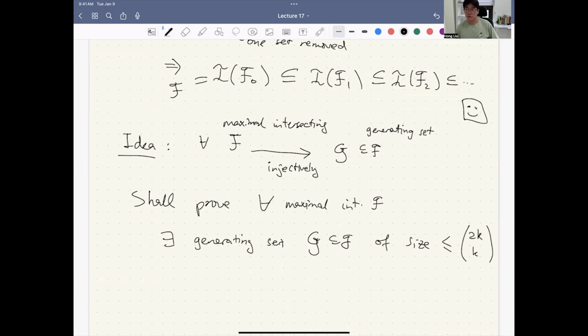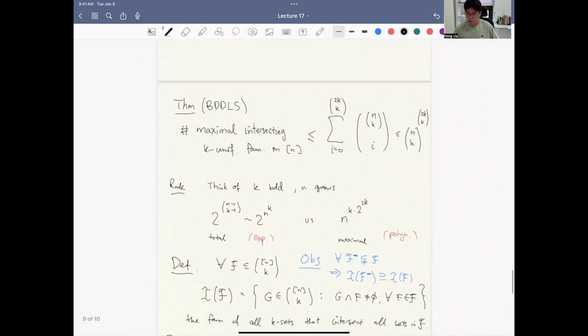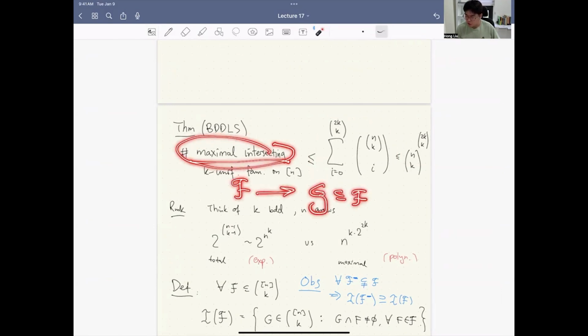Then this is enough to prove the theorem. Why? Let's look at what this summation is. If you look at the family of all maximal intersecting families, for each one, we can map it to some intersecting family which is a subfamily of it, a generating set.